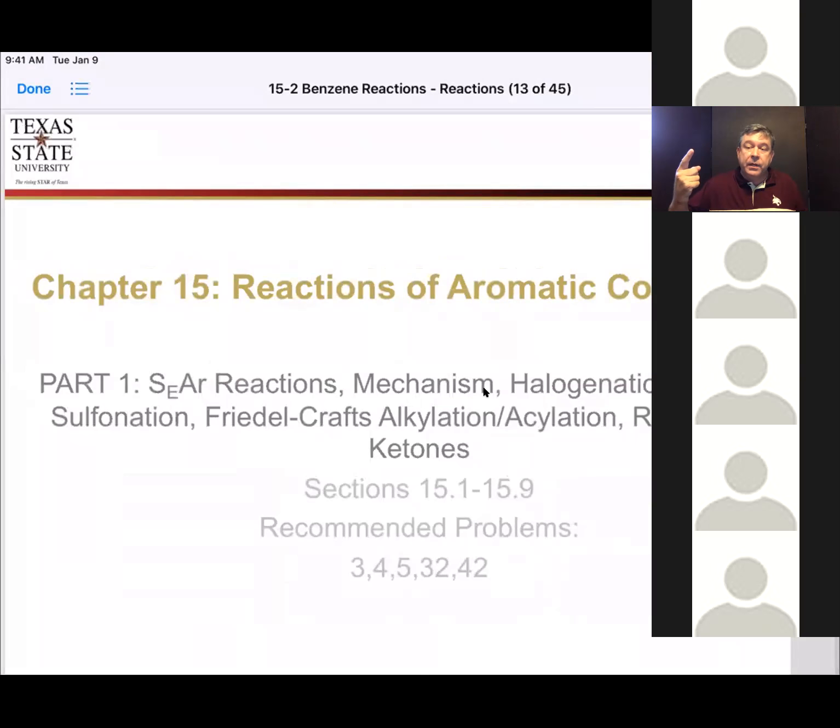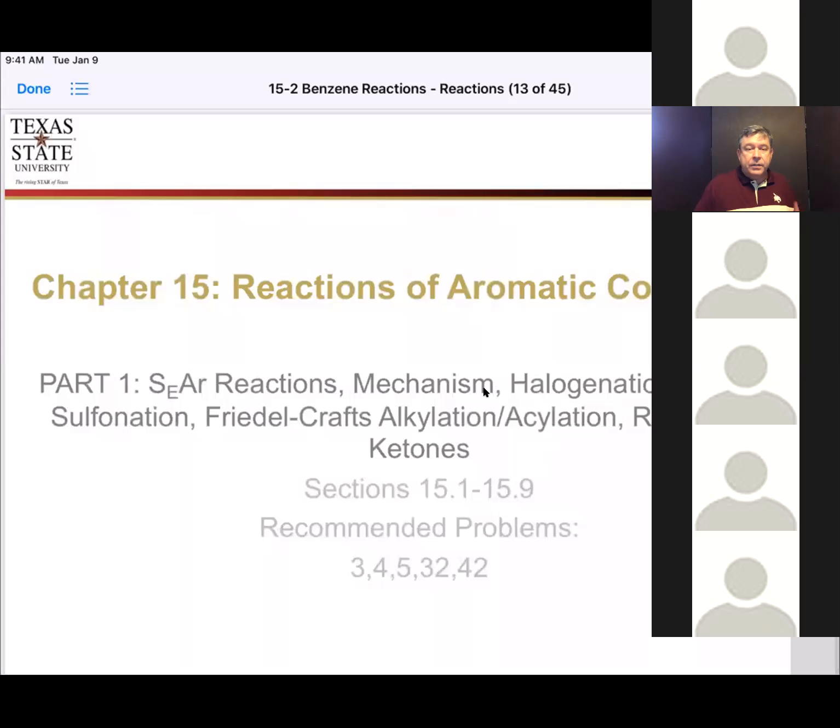You generate something with a positive charge, usually with a Lewis acid catalyst. You have attack by the benzene onto that positive charge, and then you spit out a hydrogen. Depending on which reagent you use, you'll end up with a bromine or a chlorine, or an acyl group, an alkyl group, a nitro or a sulfur compound, but it's all the same mechanism.